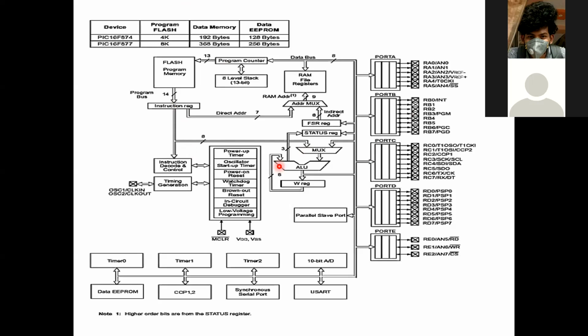The name itself tells you. It will decode the instruction. Yes, it will decode the instruction, the name itself says decoding.